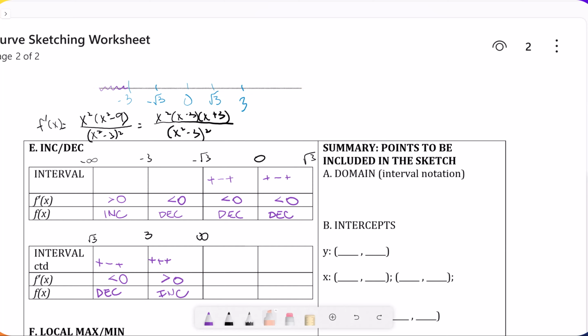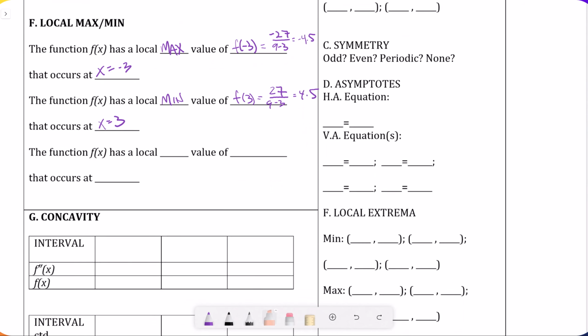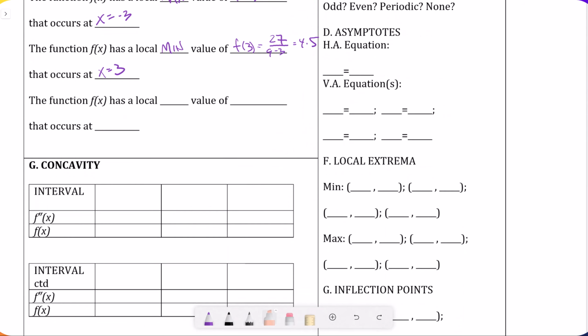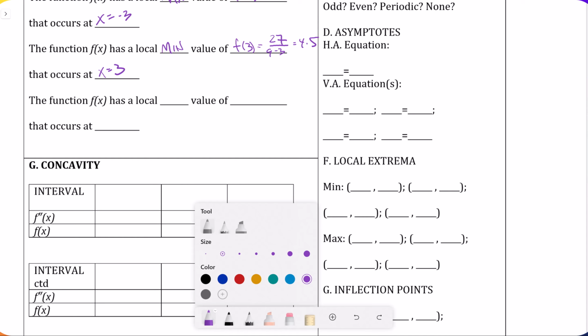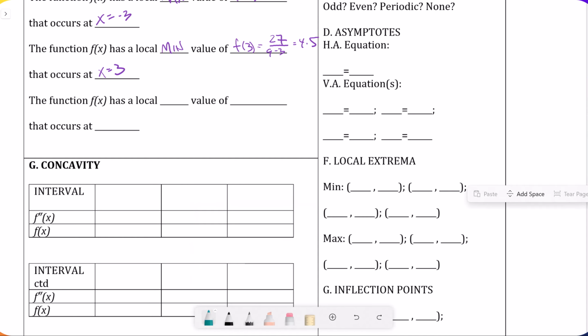So let's see how this all breaks down. As we had last time, we're going to say this is negative infinity, negative radical 3, 0, radical 3, infinity.